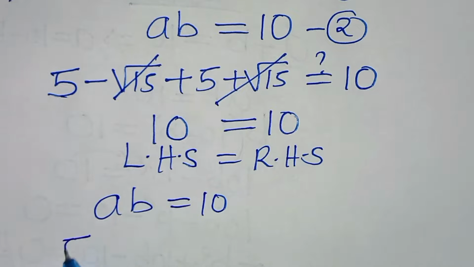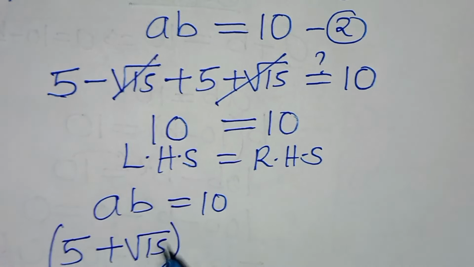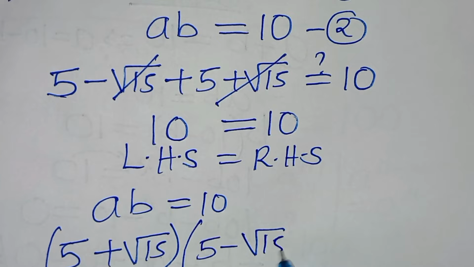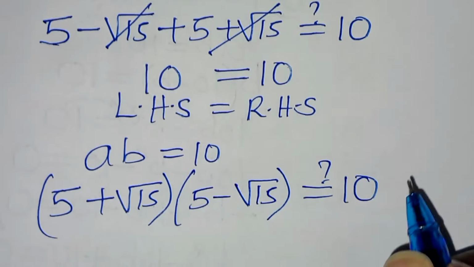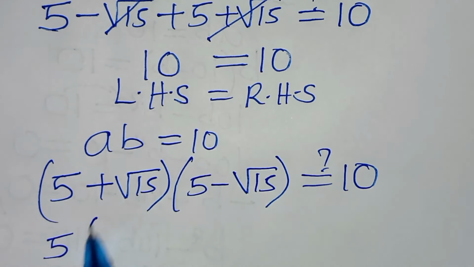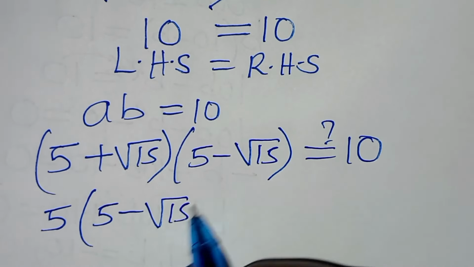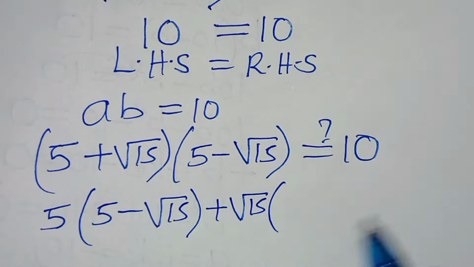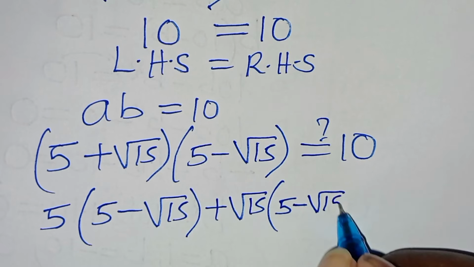So we have 5 plus square root of 15 multiplied by 5 minus square root of 15. This should give us a value of 10. So we have 5 times 5 minus square root of 15 plus square root of 15 multiplied by 5 minus square root of 15.